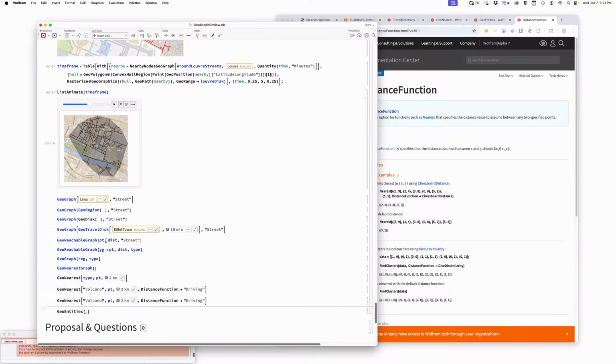There's a point and a distance, and so this is... I'm still confused about graphs versus geometry. For example, can we have buildings instead of streets? What does the distance mean?